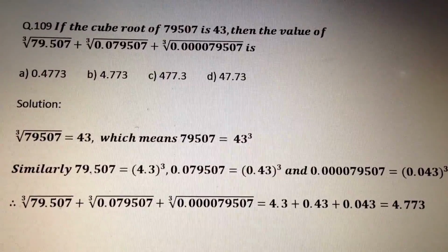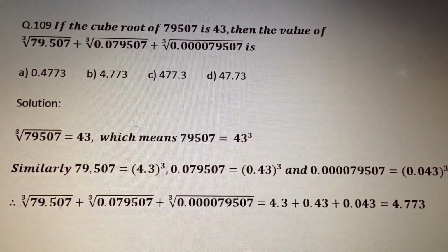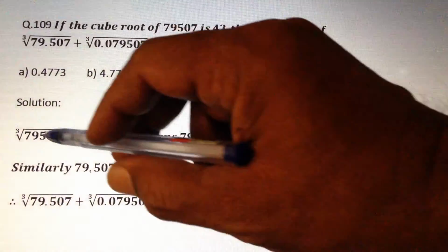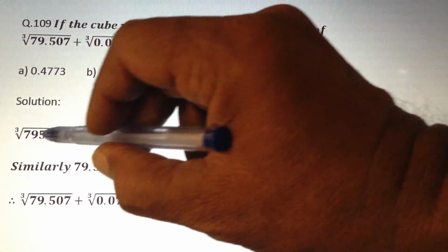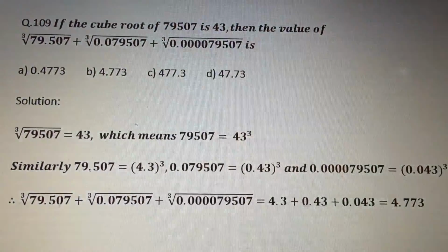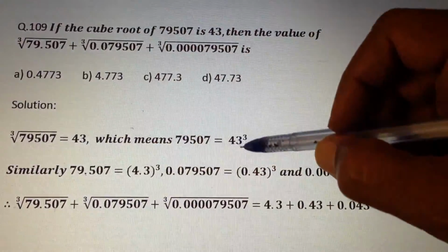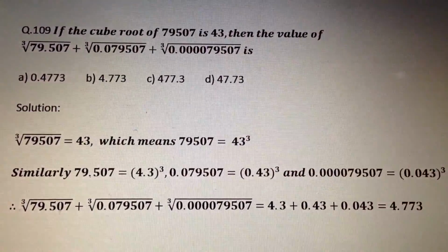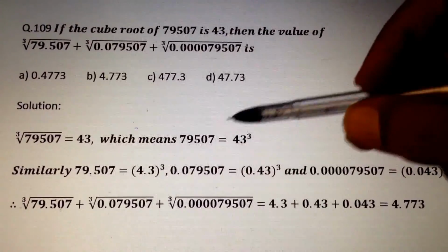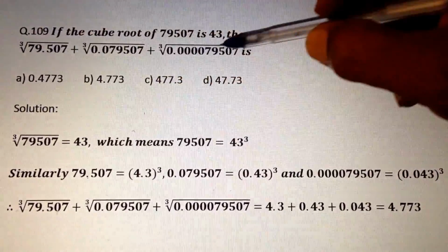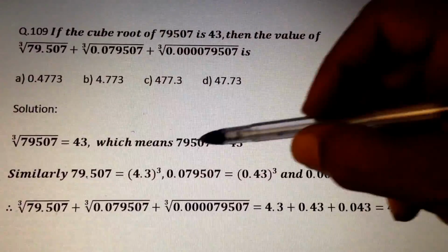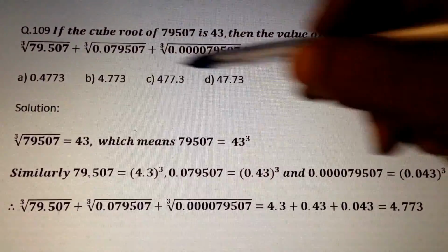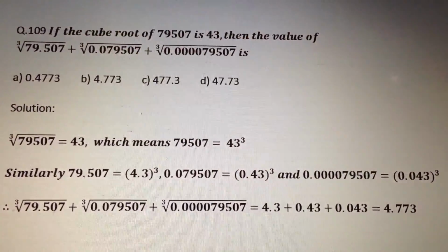It is given that the cube root of 79,507 is 43. That means 79,507 can be written as 43 cube. So we have to find out the values of these three. All digits are same. Only thing is decimal place is changing.